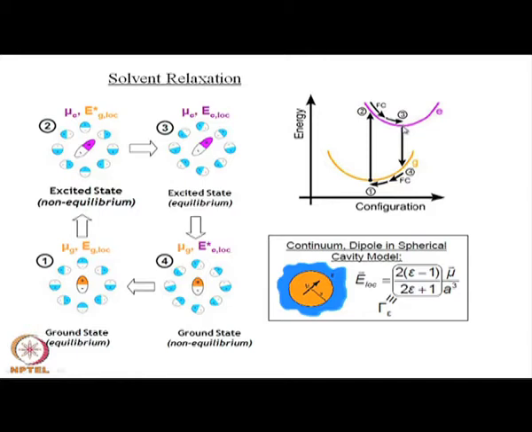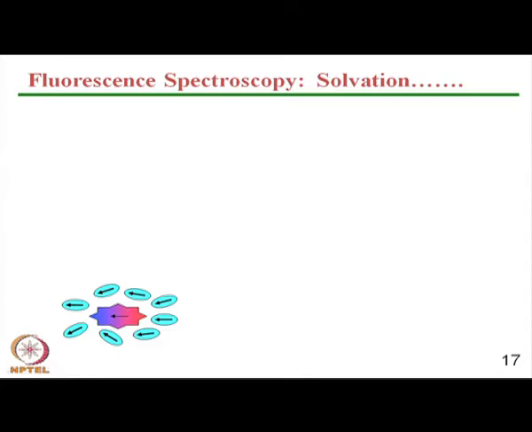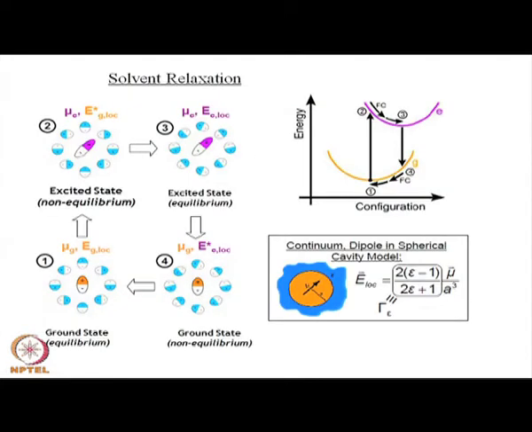Emission will increase and then decay, so you will see a rise time at the red end of the spectrum. This is what we can do in a solvation dynamics experiment.